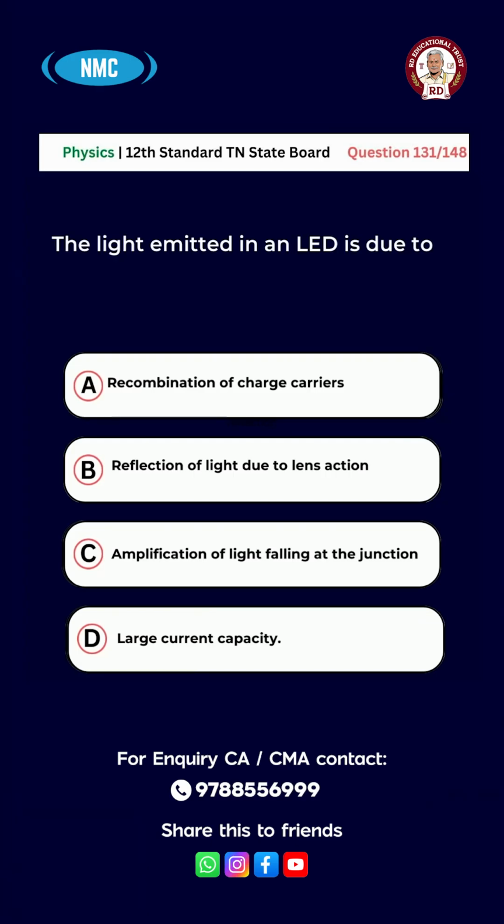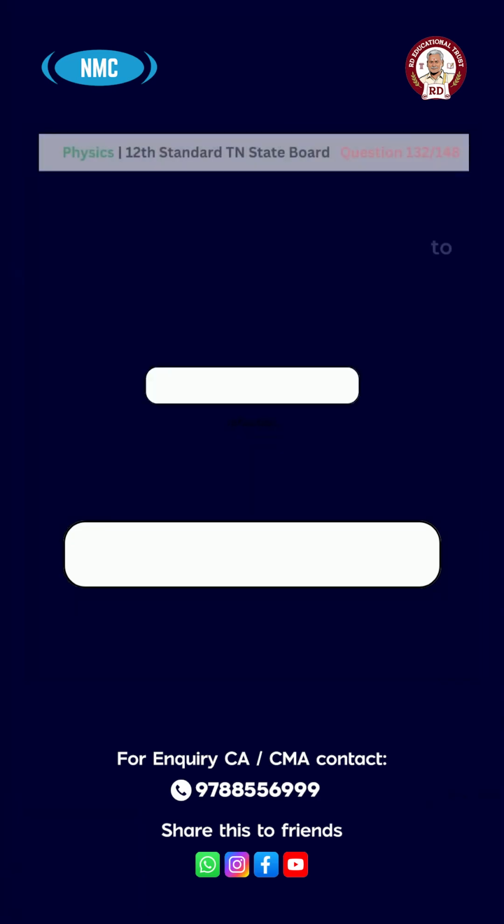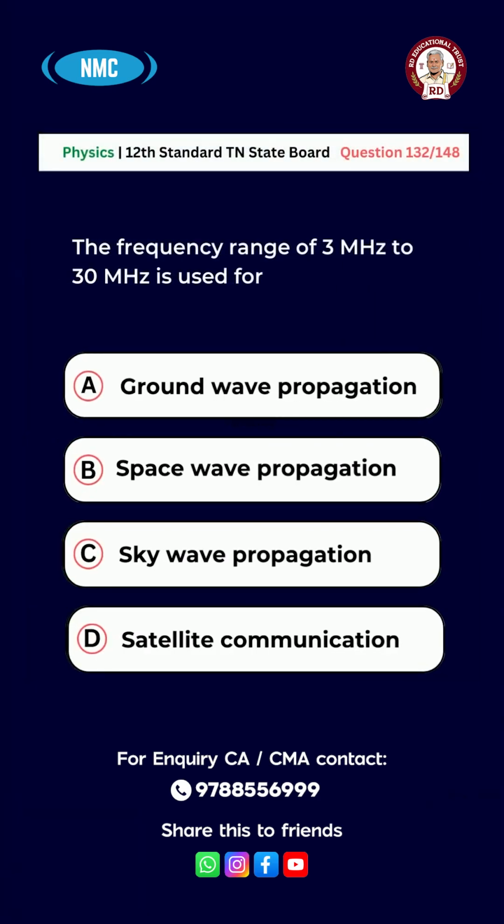The right answer is option A, recombination of charge carriers. Question number 132. The frequency range of 3 MHz to 30 MHz is used for: option A, ground wave propagation; B, space wave propagation; C, sky wave propagation; D, satellite communication.